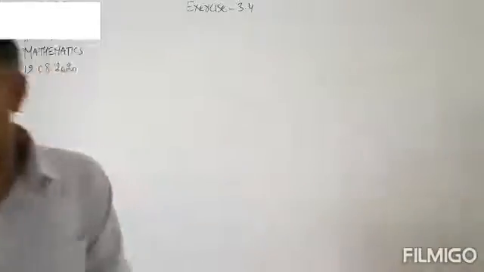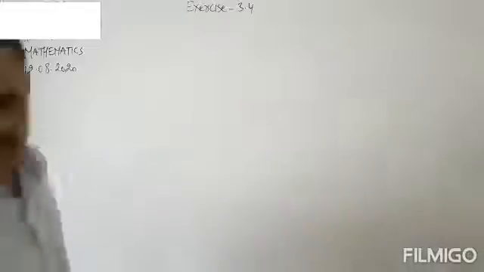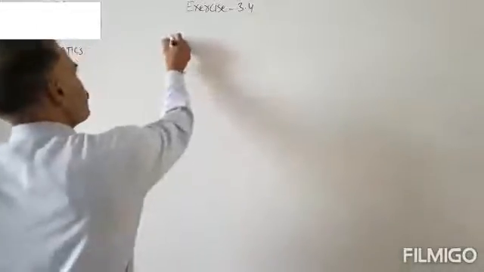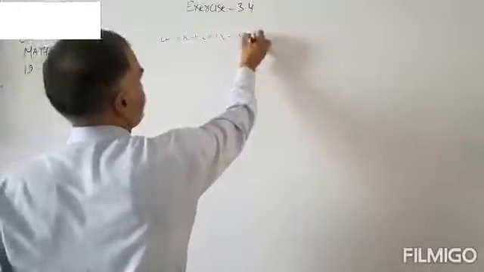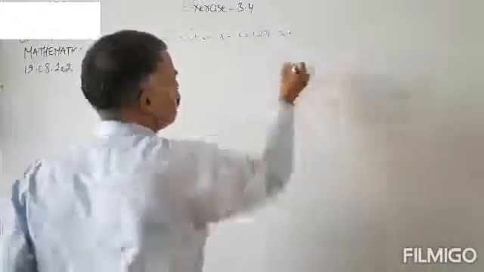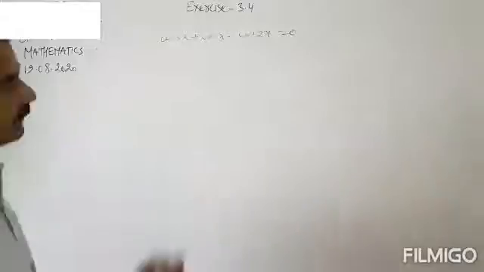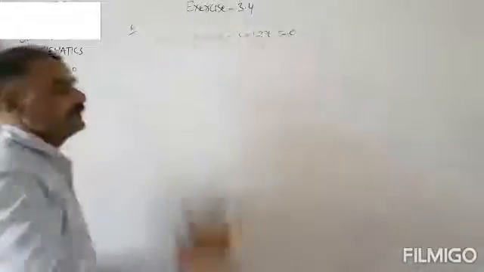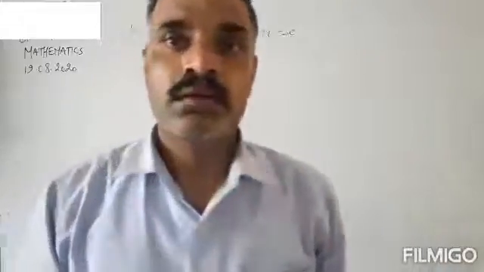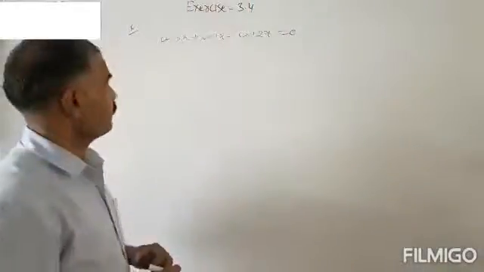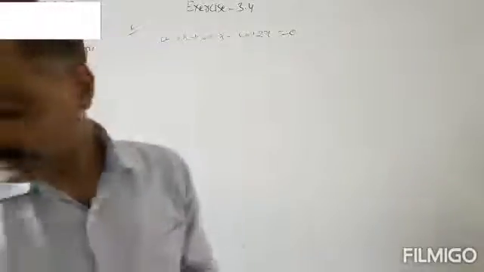Question number 6 is cos 3x plus cos x minus cos 2x equals 0. This is question number 6 of exercise 3.4: cos 3x plus cos x minus cos 2x equals 0.